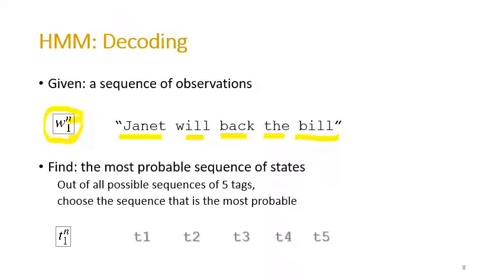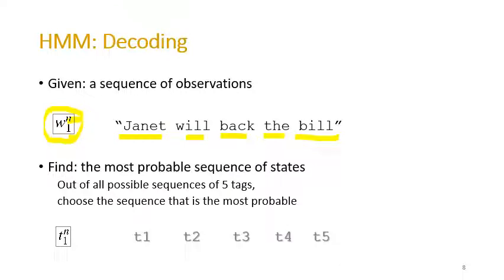So we have to determine what is T1, T2, T3 up to T5, whether, let's say, T1 is a noun or verb or adjective, the same with T2 up to T5. So we need to find the most probable sequence of states out of all possible sequences of 5 tags.